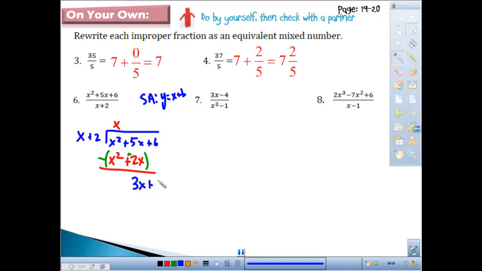And then let's bring down the 6. Now how do I get from x to 3x? That'll be a positive 3. Now 3 times x would be 3x. 3 times 2 would be a positive 6. So we see that our remainder is 0, and this would be considered our slant asymptote. So it would be y equals, and here's our slant asymptote.